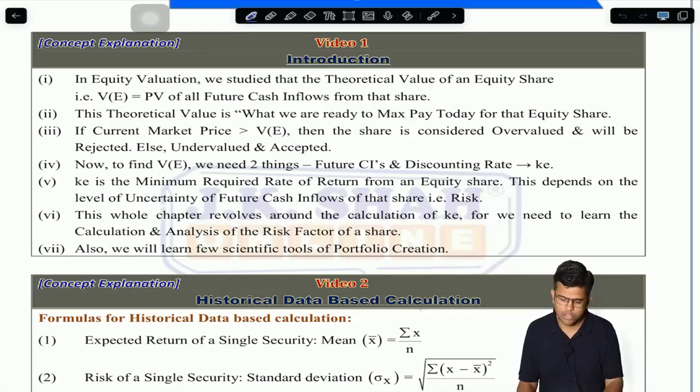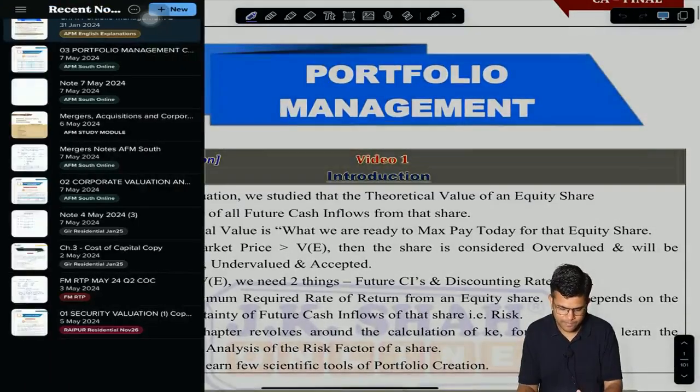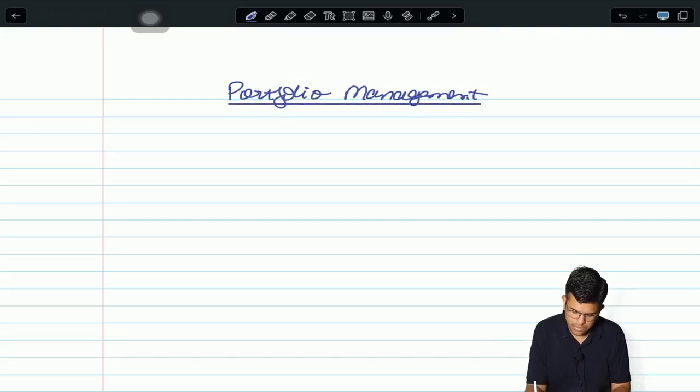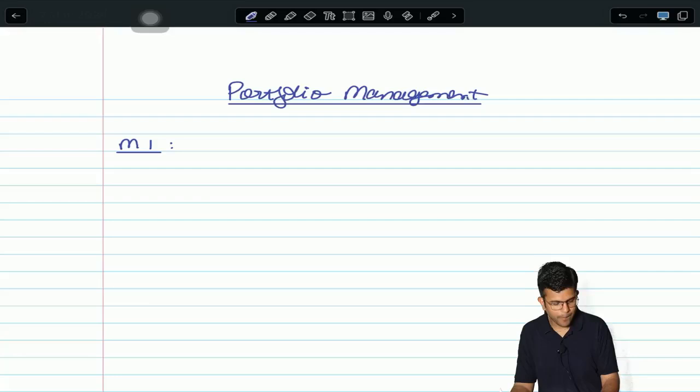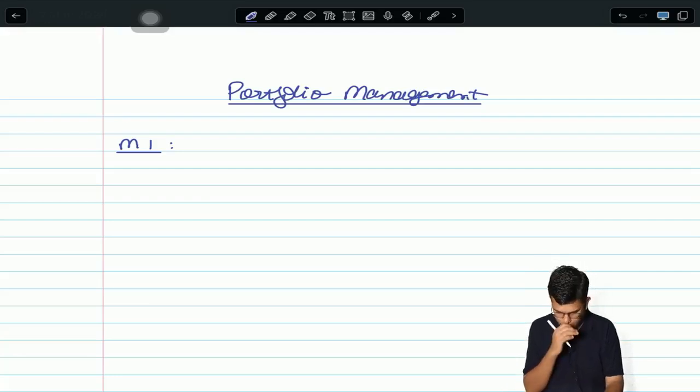Okay. So now in the notebooks, everyone, please give heading. I'll write down the chapter name: Portfolio Management. In the notebooks, please give heading Module 1.